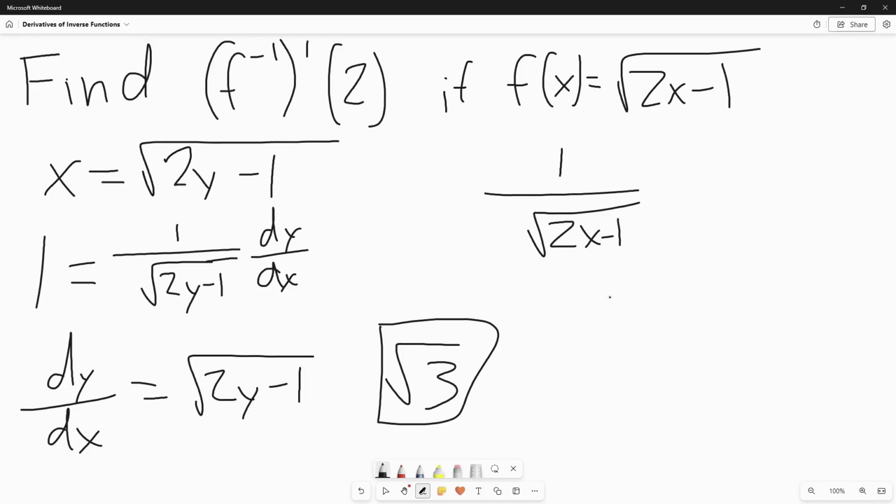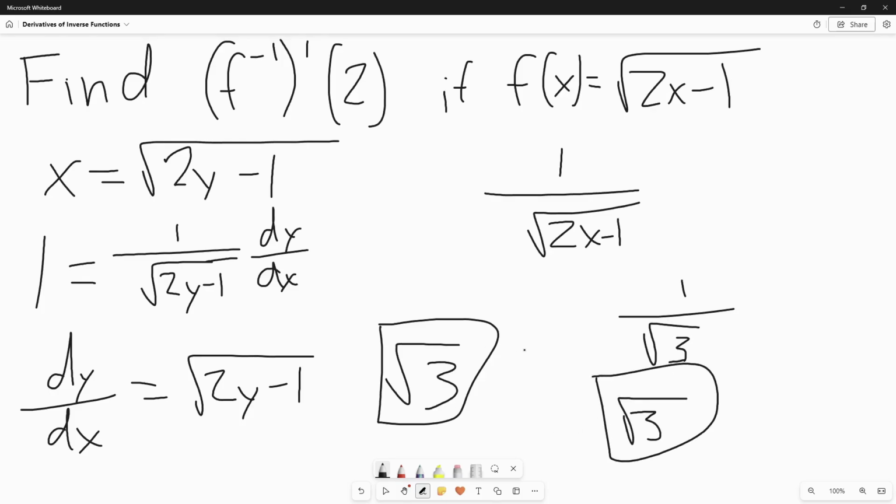And at this point, we can either take the reciprocal of this and then plug in x, or we can plug in x and then take the reciprocal of that. What I can do right now is just plug in x because I just think that makes more sense. So if we plug in x, this is going to be 1 over the square root of 3, and then we have to take the reciprocal of this, so square root of 3. And we got the same answer, so both methods work.